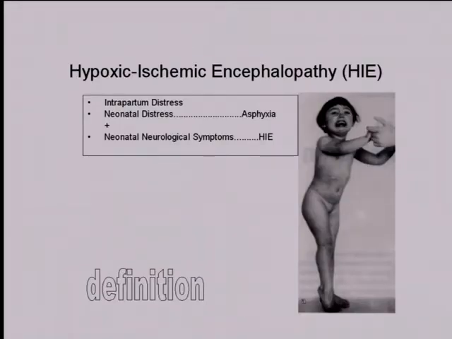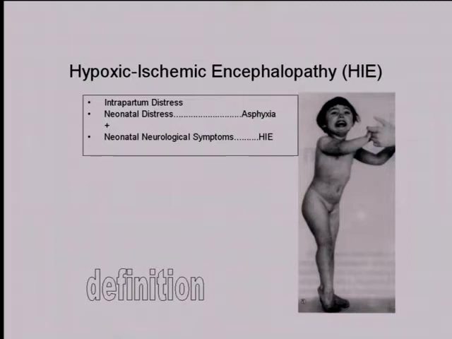The definition of hypoxic ischemic encephalopathy has 3 prerequisites. First, you must have an intrapartum distress. There must be some signs of intrapartum distress in form of an abnormal cardiotocogram and maybe other things like assessing scalp pH. Then there must be neonatal distress, as we just described.